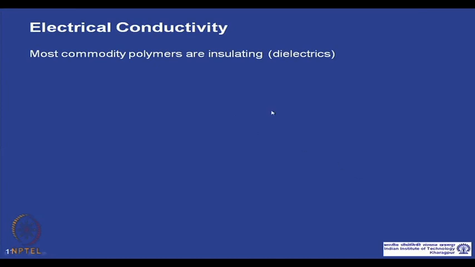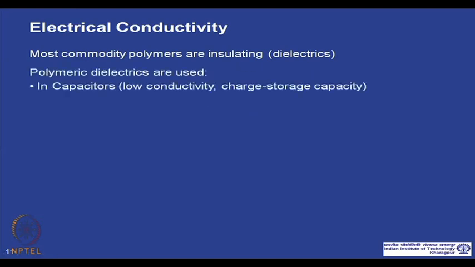Just briefly talk about the electrical properties of polymers, and we just talk about electrical conductivity. We know that most polymers are insulating, and so they are dielectric, and polymeric dielectrics are used in capacitors and as insulators.